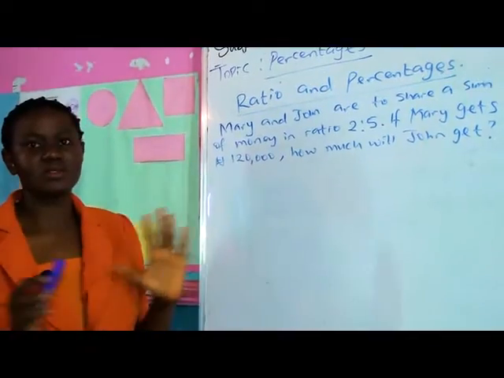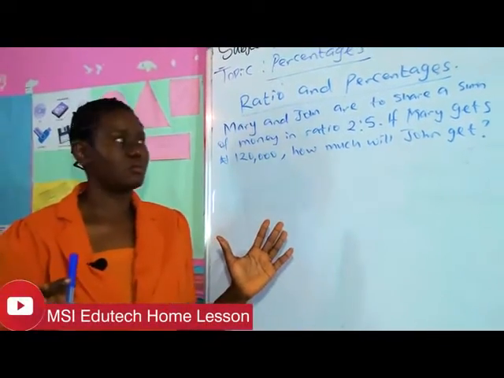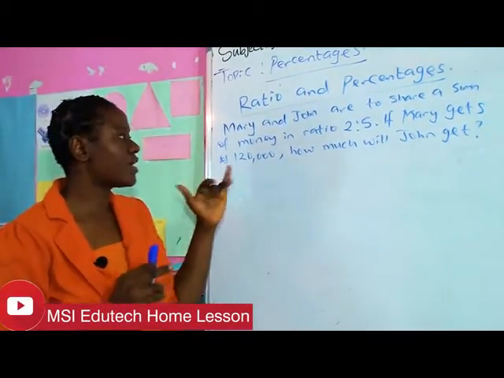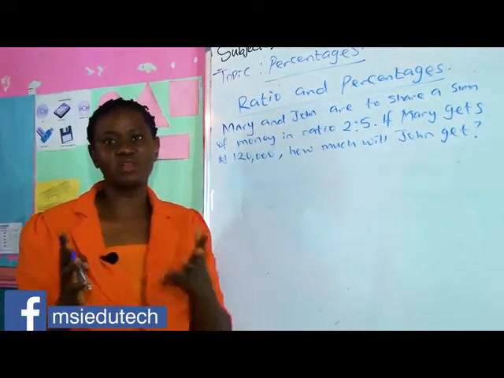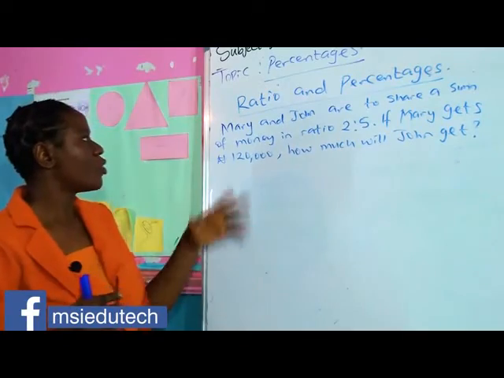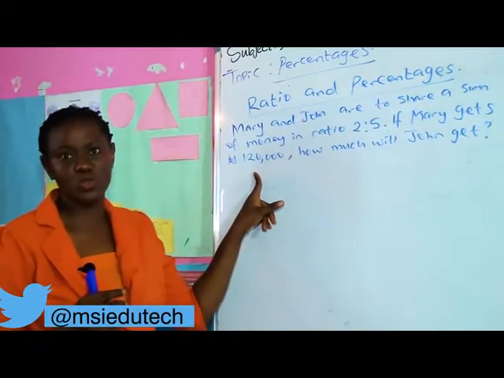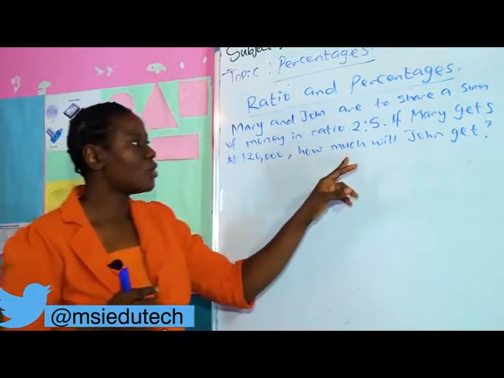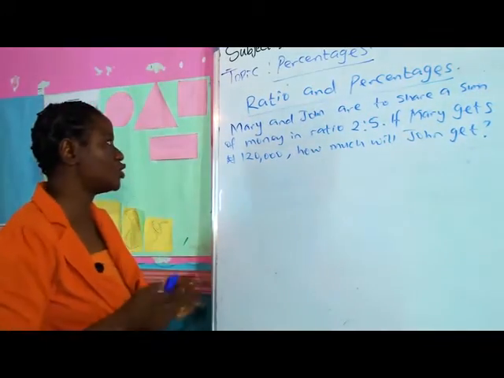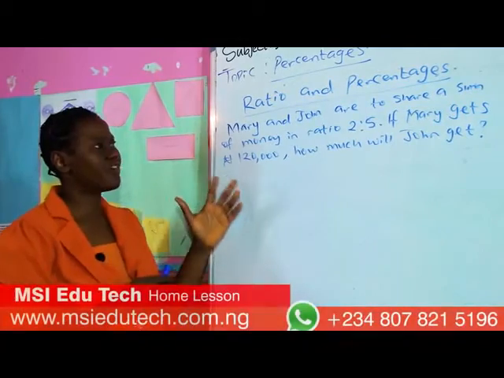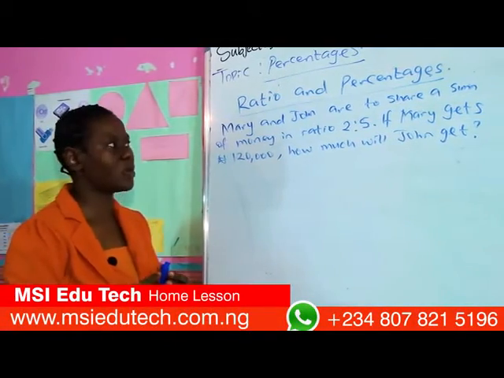From this question, we're not told the total amount of money they were to share, but we're given how much one of them got, and we're given the ratio in which the money was shared. So we're given how much Mary got, which is 120,000, and we are finding out how much John is to get.